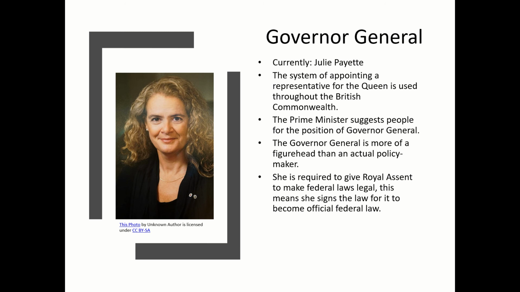She has the final role in a bill becoming a law, which is the royal assent. After a bill has been suggested in Parliament, voted on, and has gone to the Senate for approval, before it becomes a law, it has to get signed by the Governor General, which is called the Royal Assent.